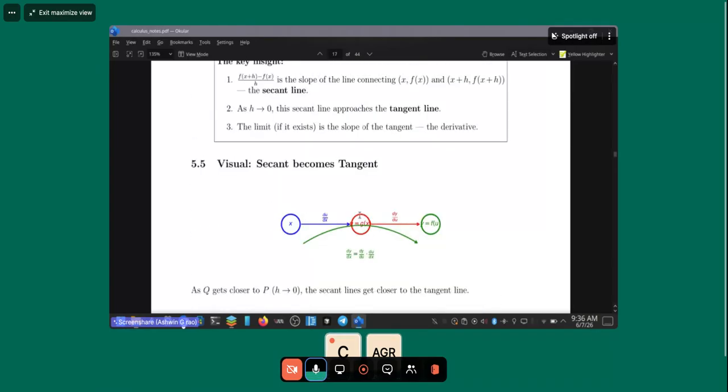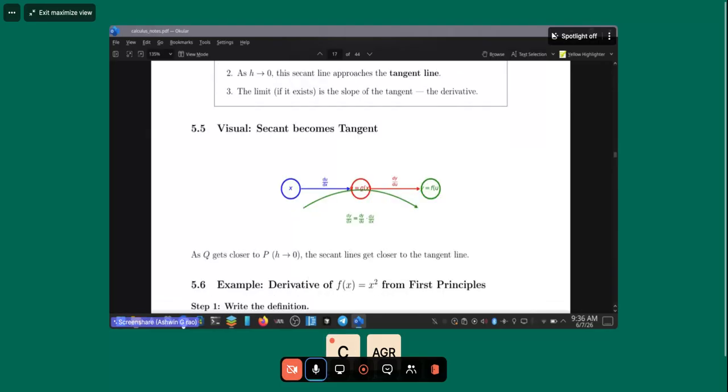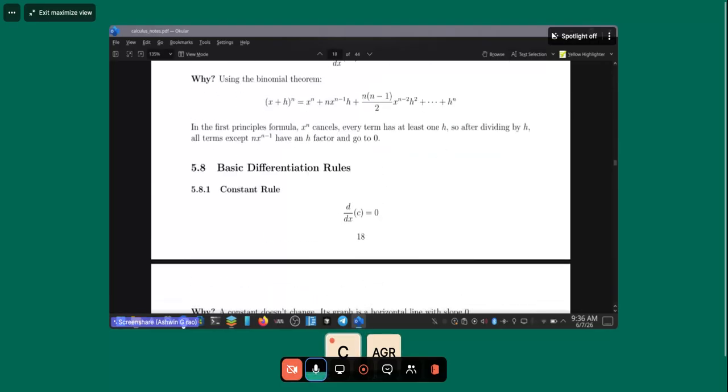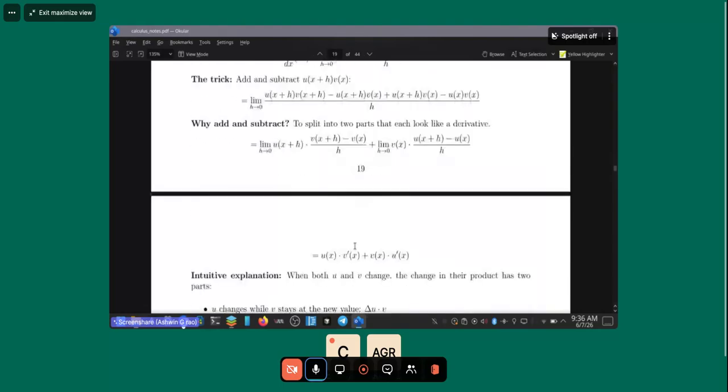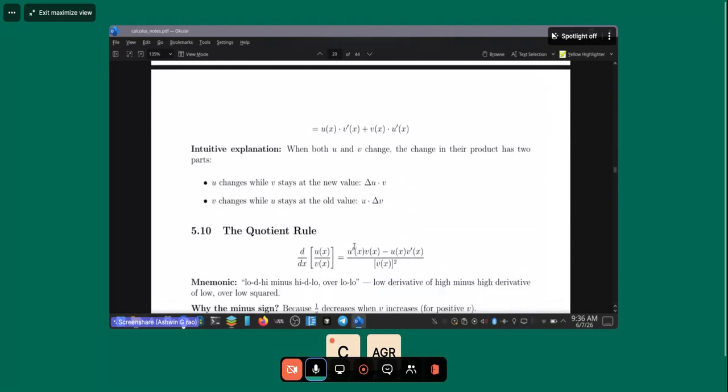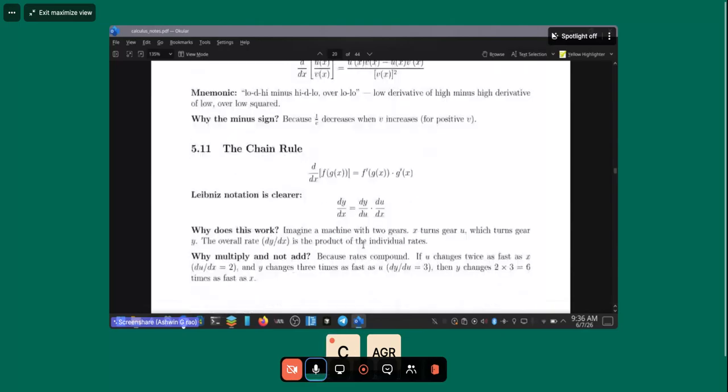Now go to the example of the gear. You said imagine a machine with two gears, X turns gear U, which turns gear Y. So what is the graph for this you're saying?